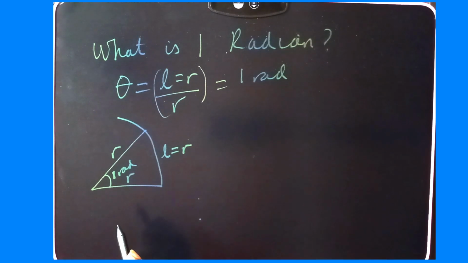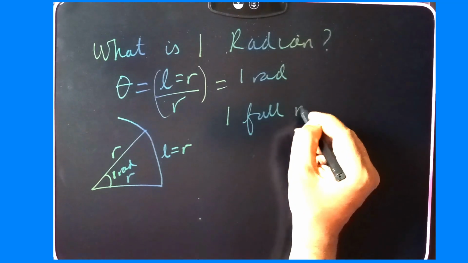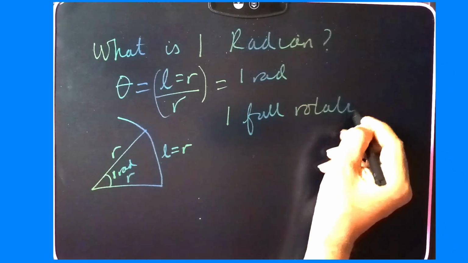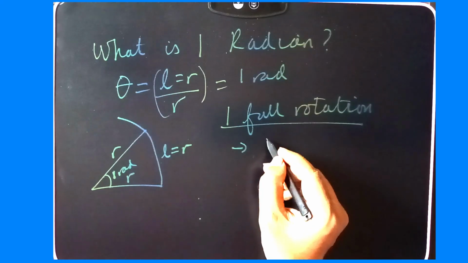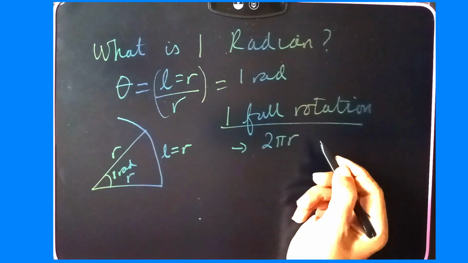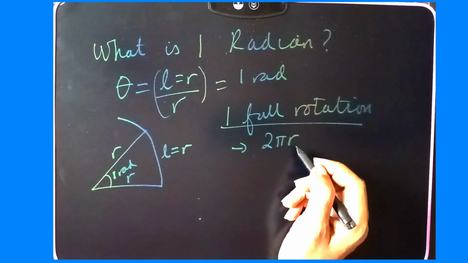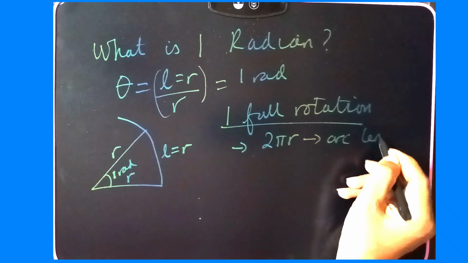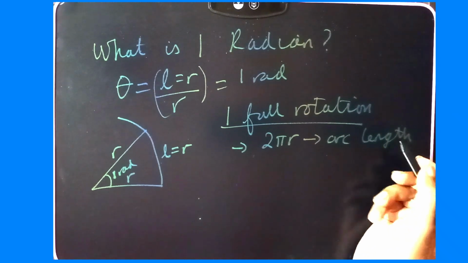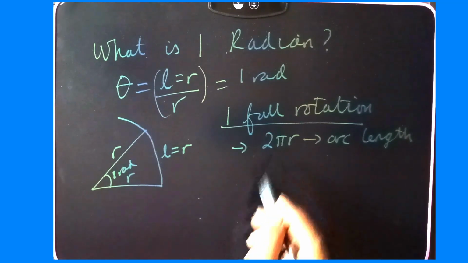So how many radians is one full rotation? One full rotation is the arc length, the entire perimeter of the circle, which is 2 pi r.